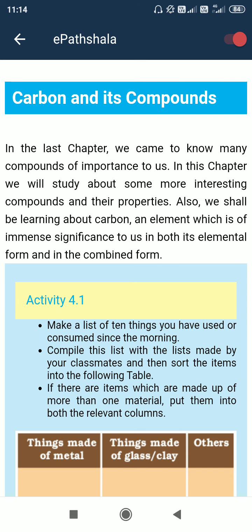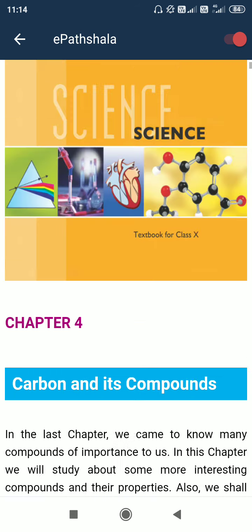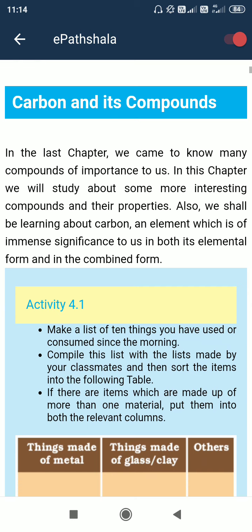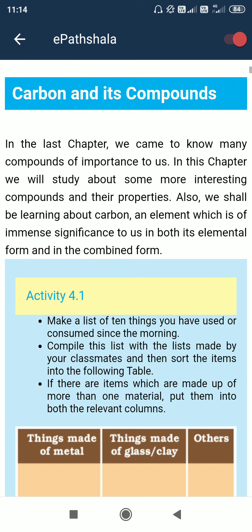Today's topic is on carbon and its compounds. It is from class 10 science. So carbon and its compounds. First of all, we know that carbon is the element having the atomic number 6 and atomic mass 12. So what is the meaning?